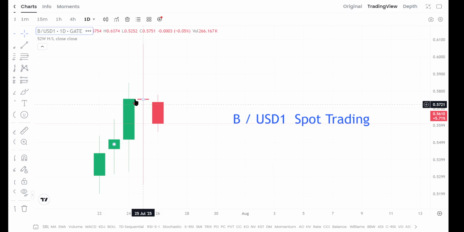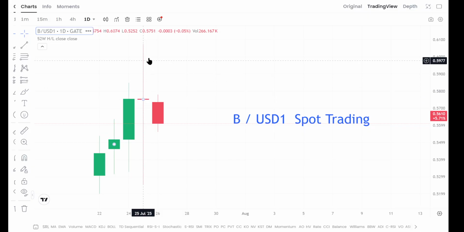And this is the doji candlestick. It shows that now the market price will go down, because the market price was going up. It shows that the market price of B was open at 0.5755 USDT.